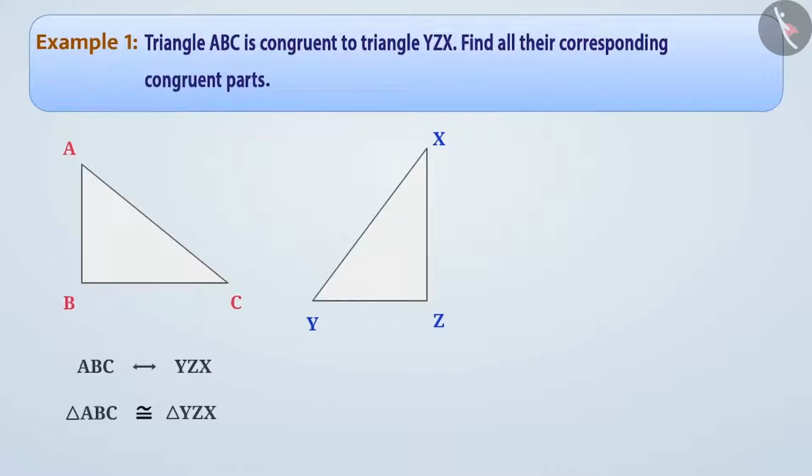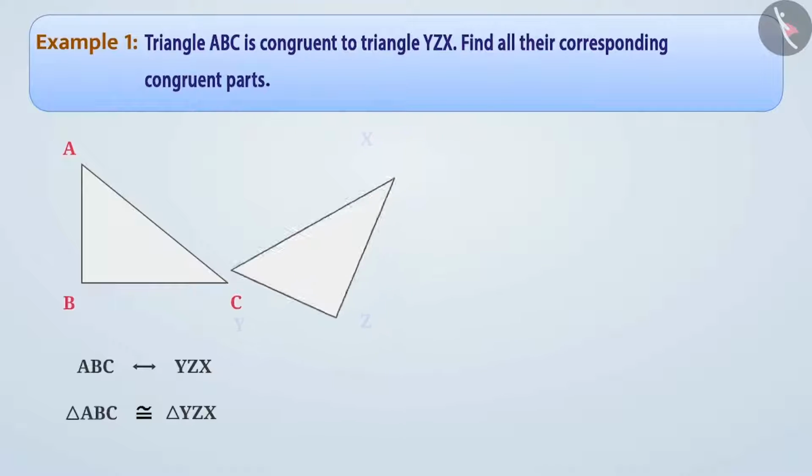ABC is matching with YZX when the vertices A, B, C of triangle ABC are placed on vertices Y, Z, X of triangle YZX in the same order, then they cover each other completely.